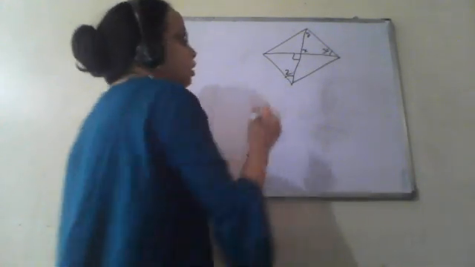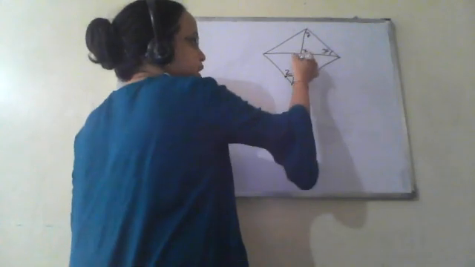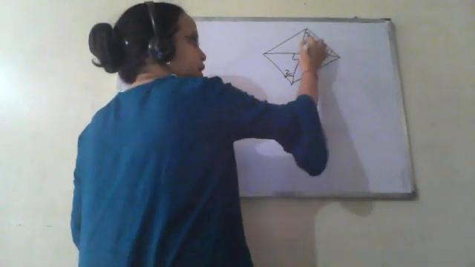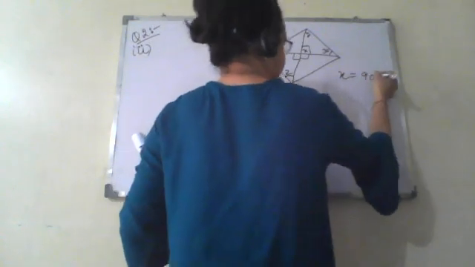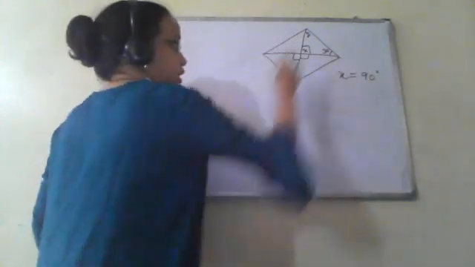Clear? Now if this is 90, this will also be 90, and this x will also be 90. So the value of x is 90 degrees.